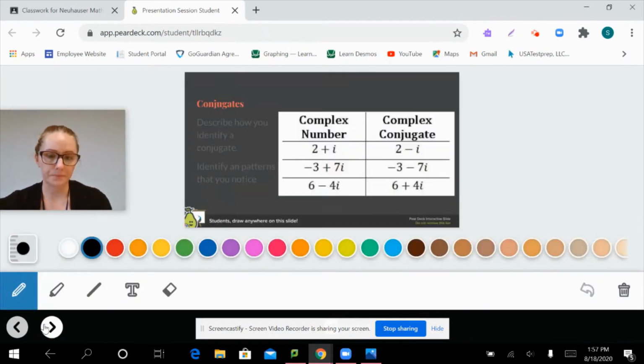A couple things that you guys are going to be doing. You're going to be telling me how you would identify a conjugate. Both of them are sets of complex numbers, and the conjugates are right next to each other. You're going to tell me what you notice, either through text or by drawing or highlighting, whatever it is you need on this screen here.